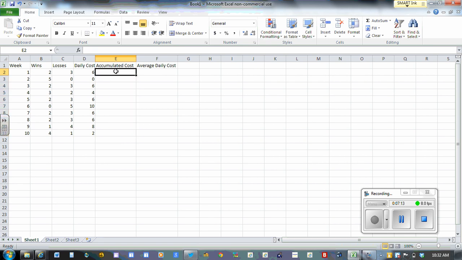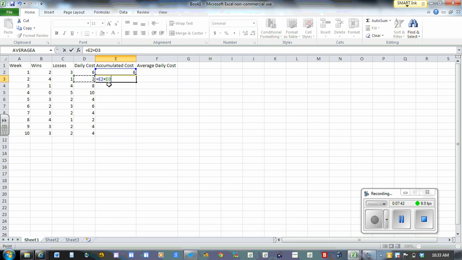It's going to be a cumulative amount, meaning that we're going to reference this particular cell here, because after the first week the total or accumulated cost is $6 based on 3 losses. In this cell, we're going to take the previous cost and add on the daily cost from the following week.